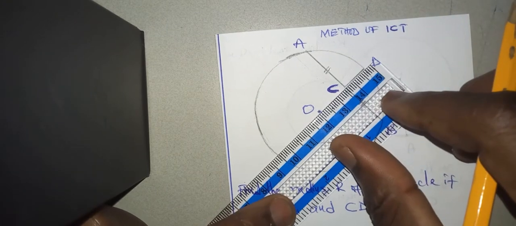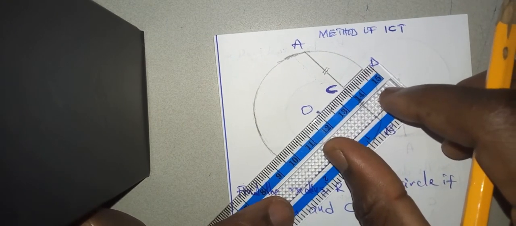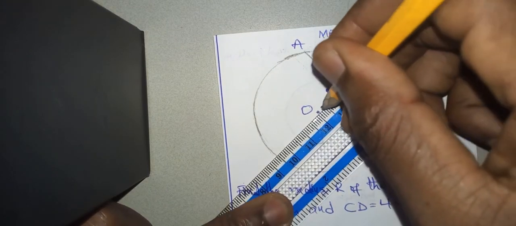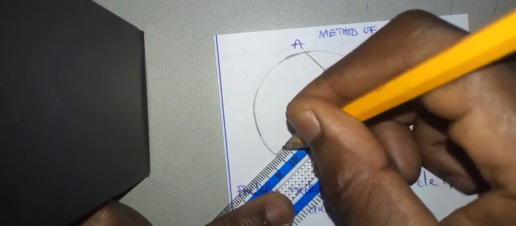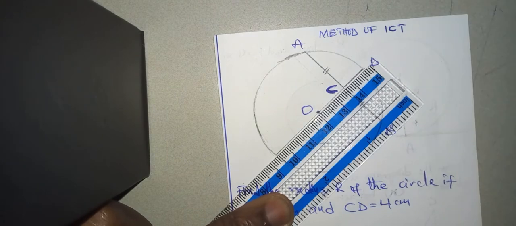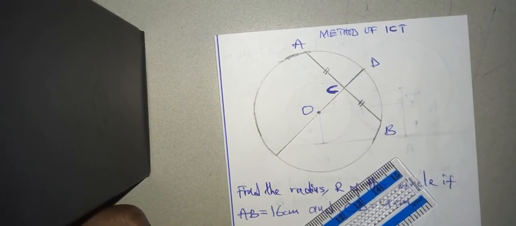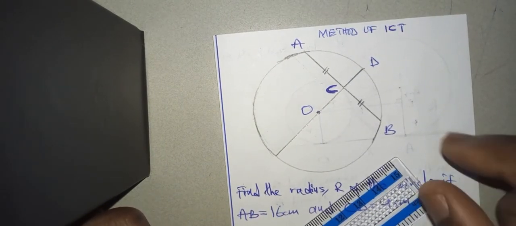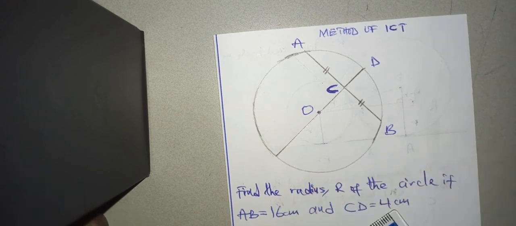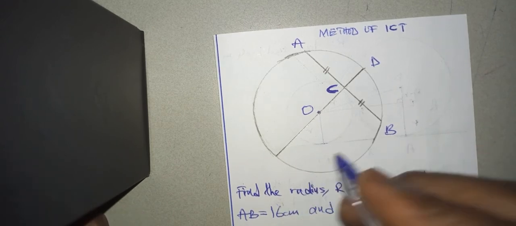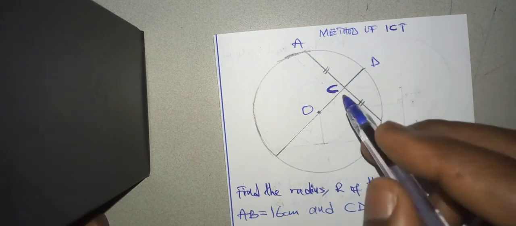I don't want to redraw the circle, so I can extend this line to pass through the center of the circle to hit the circumference, so that I have another chord, and that chord is also the diameter, which is the major chord. Okay, so I'll put A, B, C, D, E.